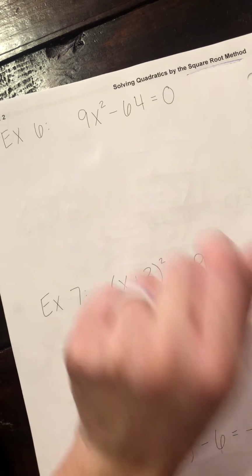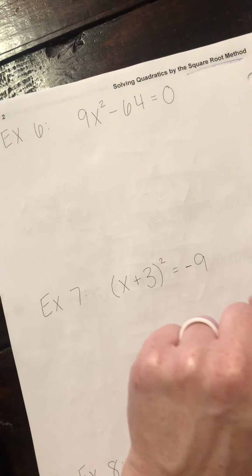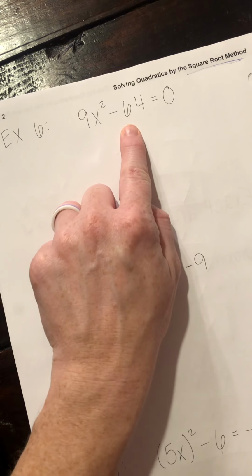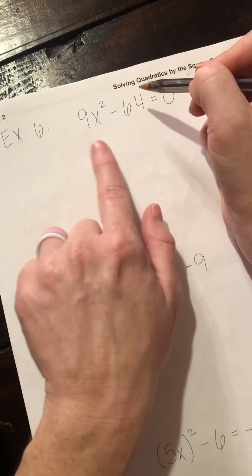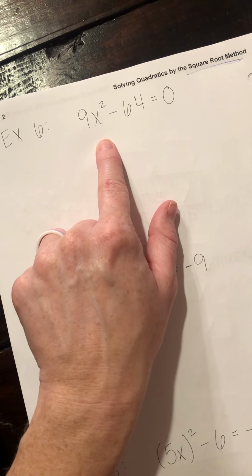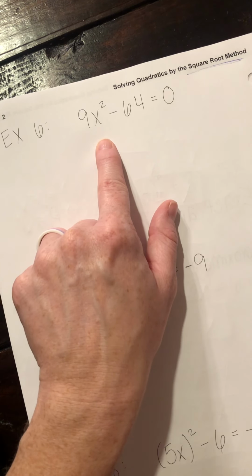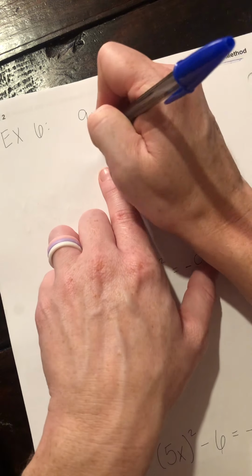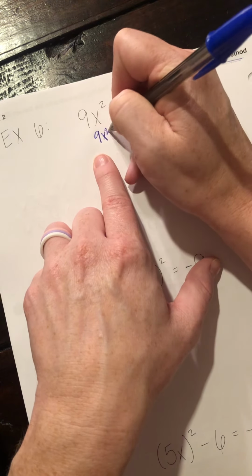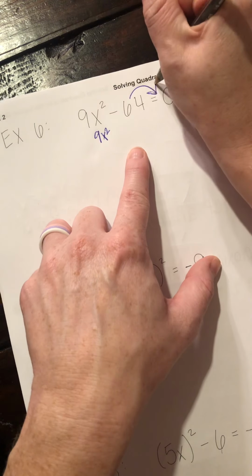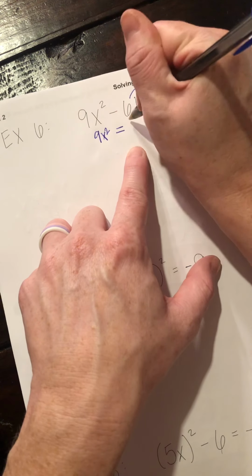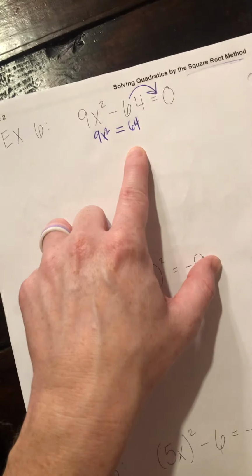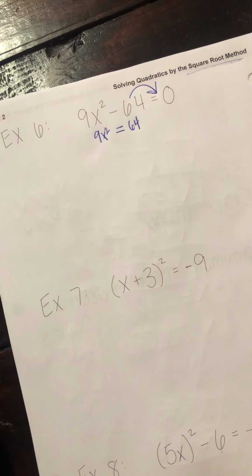And that might actually be easier in the future for you. All right. So the first thing I'm going to do is isolate my x squared term. I'm going to start by undoing the addition or subtraction. So I'm going to move this negative 64 over to the other side, and it's going to become positive 64.